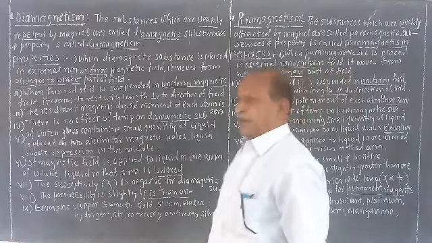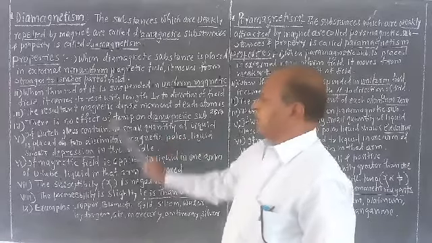So the thin rod of diamagnetic substance remains perpendicular to the direction of the field.